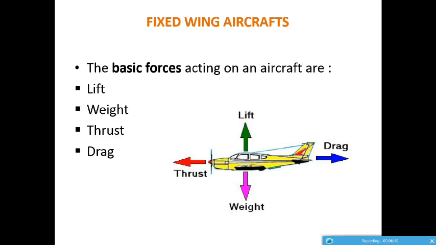The next slide is about fixed wing aircraft, and the basic forces acting on a fixed wing aircraft. The first is the weight, which is only due to the gravitational force of the earth, and the lift which balances the weight.